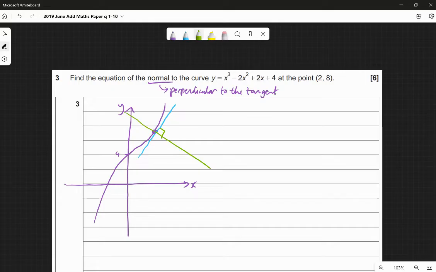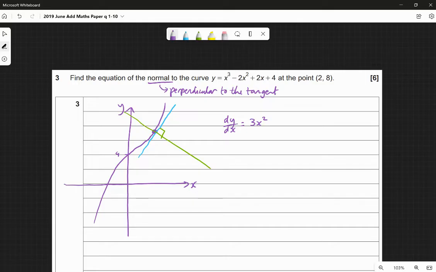Okay, that is a process within calculus. If I differentiate the curve, y equals x cubed minus 2x squared plus 2x plus 4, that will give me dy by dx is equal to x cubed differentiates to 3 lots of x squared because the power drops down in front and then the power drops by 1.